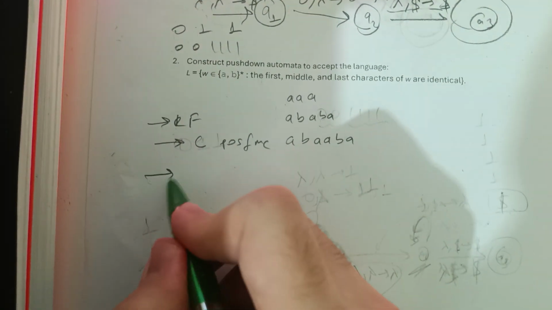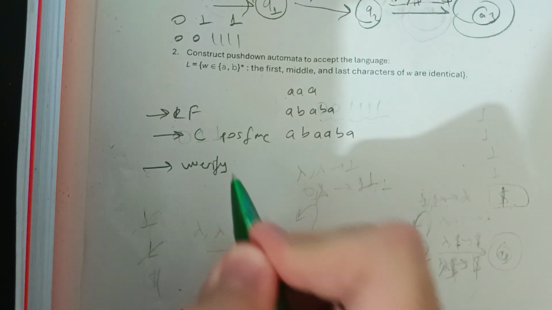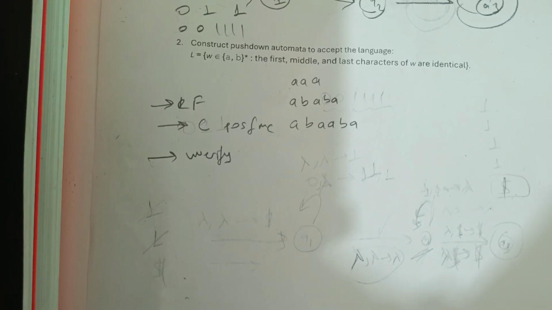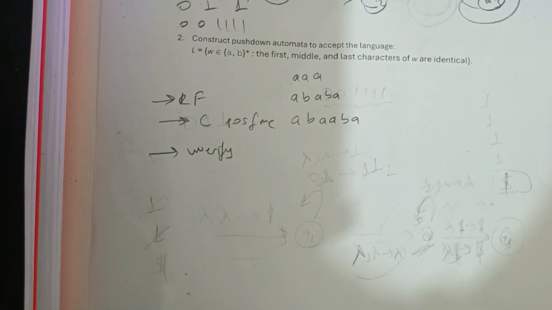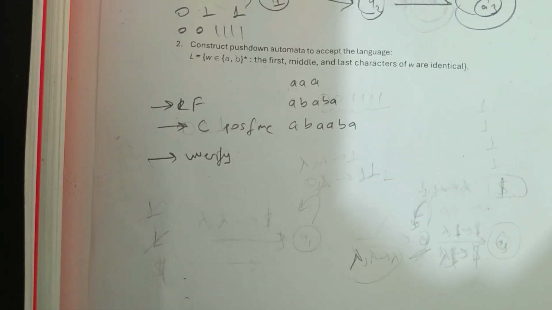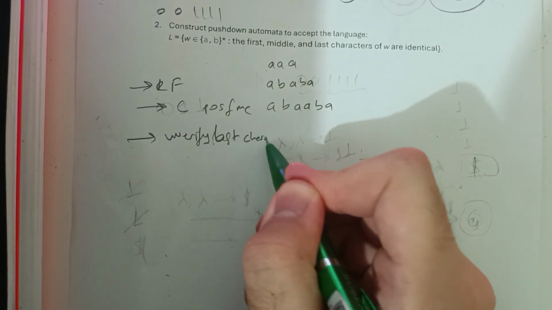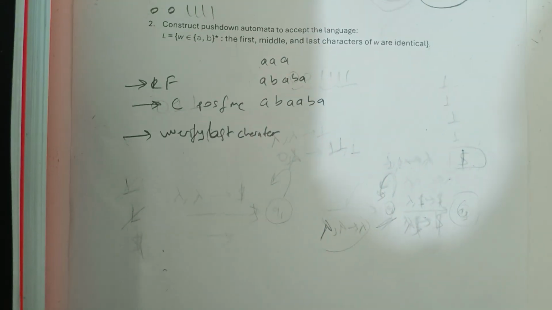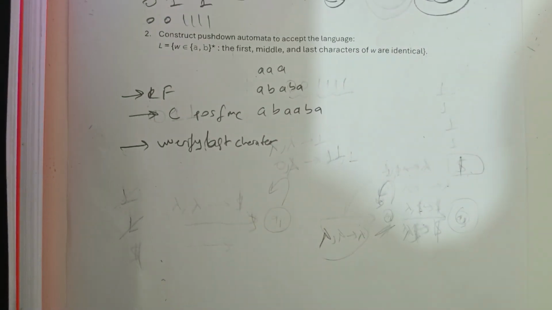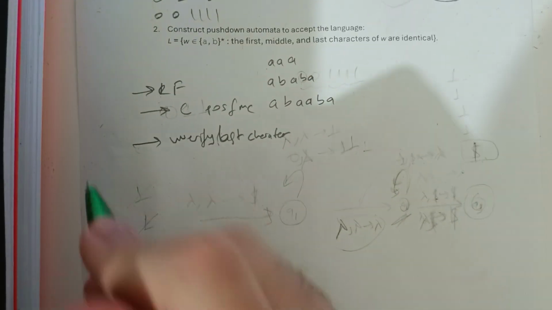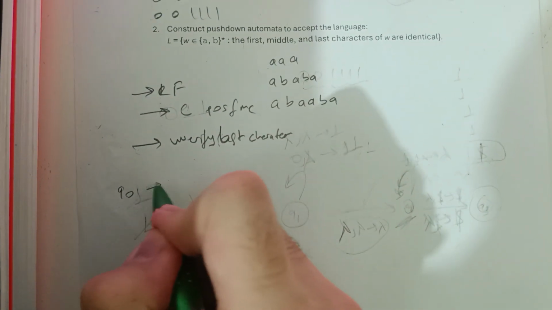After that, verify the last character. Then let's state our states. Q0 is initial.